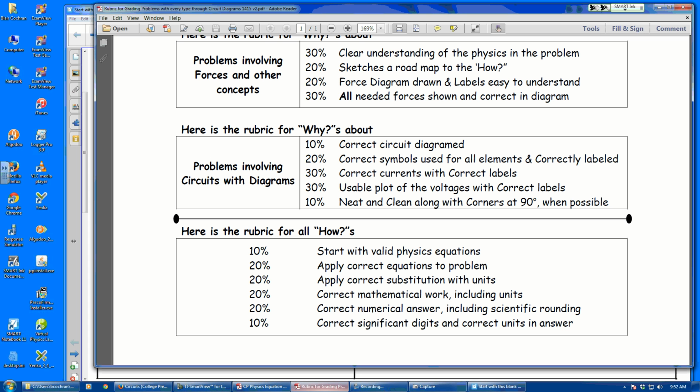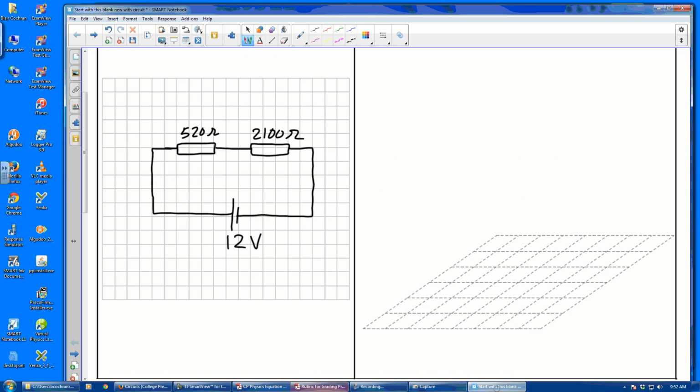Then I need my correct currents with correct labels. So how many currents in this circuit? 1? Settled on 1? Are there any other takers? How many currents in this circuit?